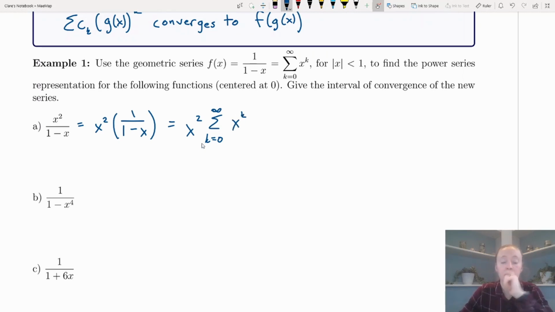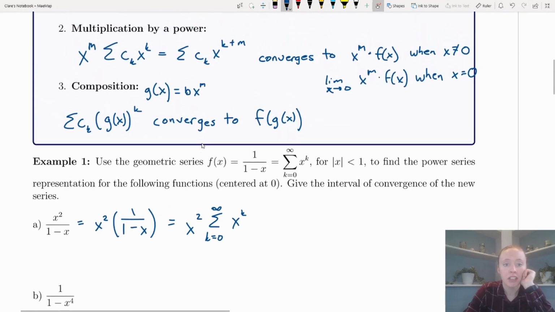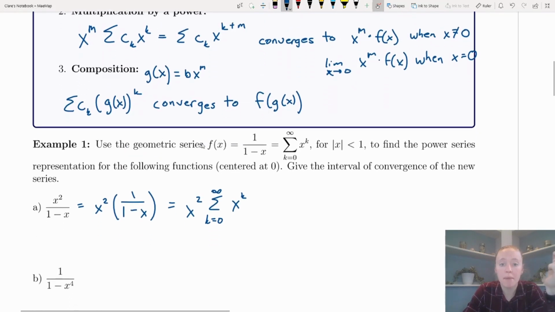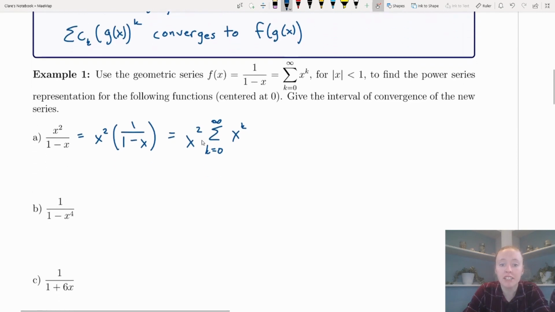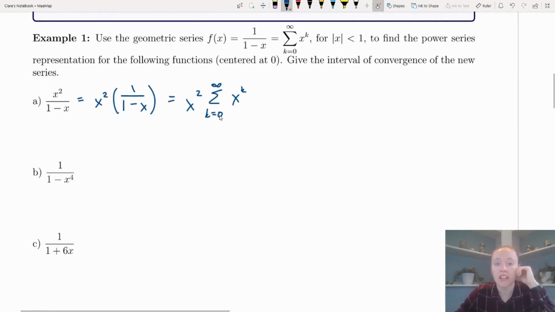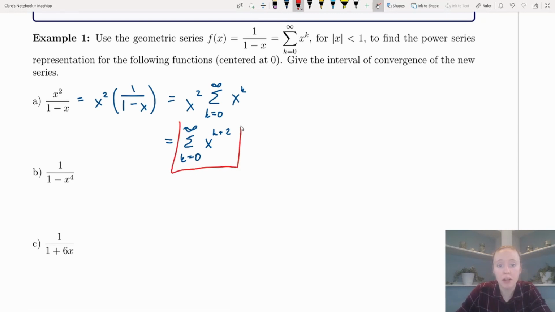And using which theorem above? Using that second one, the multiplication by a power. All I'm doing is multiplying this series by x squared. So that allows me to bring that x squared inside my summation. So I have the summation from k equals 0 to infinity of x to the k plus 2. So you can see I'm adding those exponents, x to the k plus 2. That's the power series representation of our original function.